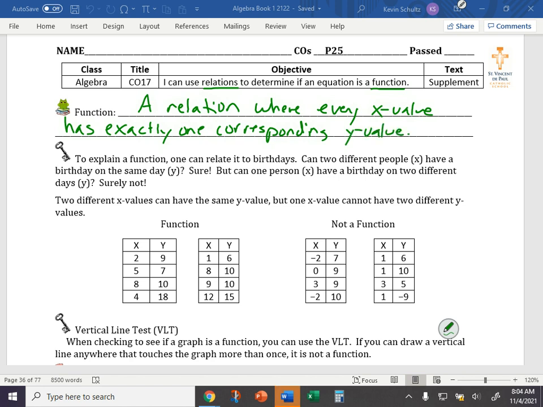Okay? It's a relation where every x value has exactly one corresponding y value. I've got two ways to explain that once we're done with the definition here.